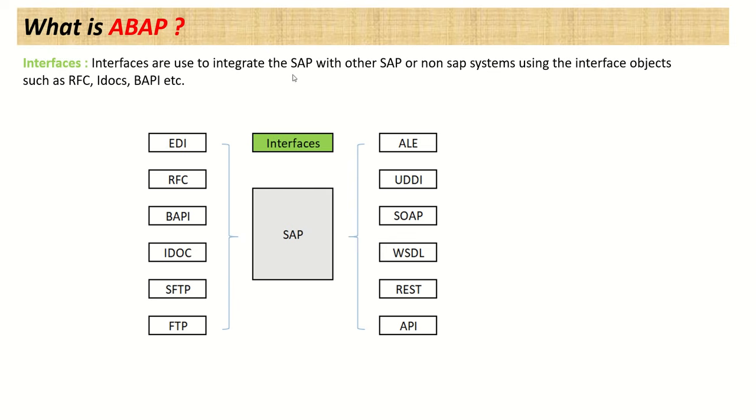The integration may be one SAP system with another SAP or non-SAP system. We can integrate SAP with some website, web-based software, other applications, a warehouse management system, or other CRM systems like Salesforce, C4C, etc. Whenever you want to do the integration part, we can use interfaces.